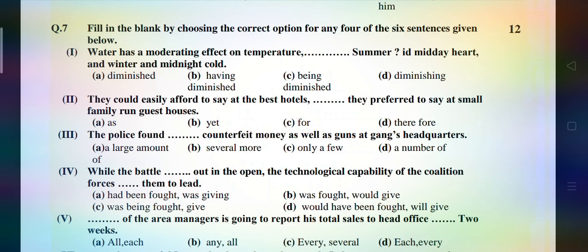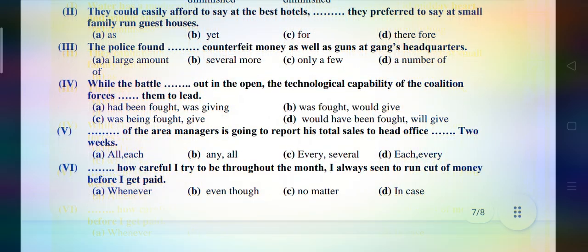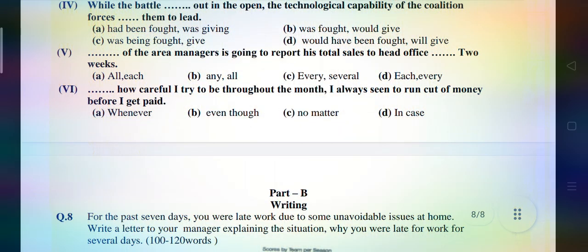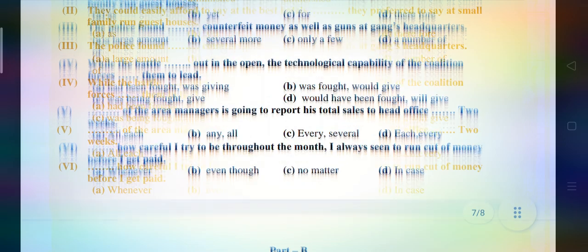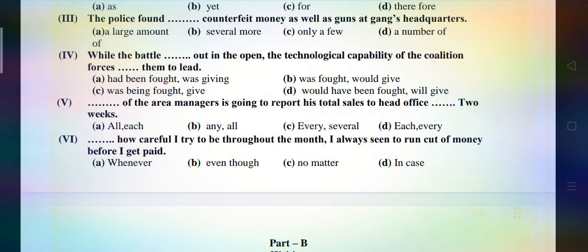Okay, so whatever you like as correct, you may choose. Same thing would be there in each question. You have to go through it with a very attentive phase of your mind to choose your answers. Some articles and determiners have also been given, just like all, each, any, all, every, several, each, every.